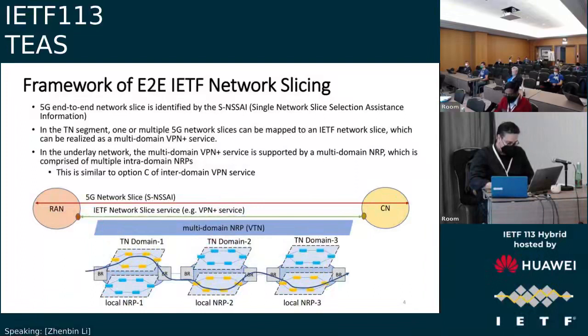At the beginning we used VTN as the terminology, but according to the latest progress of the IETF network slicing architecture document, our draft is aligned with this architecture. We use NRP as the terminology, which means network resource partition. So this is just the update. Okay.